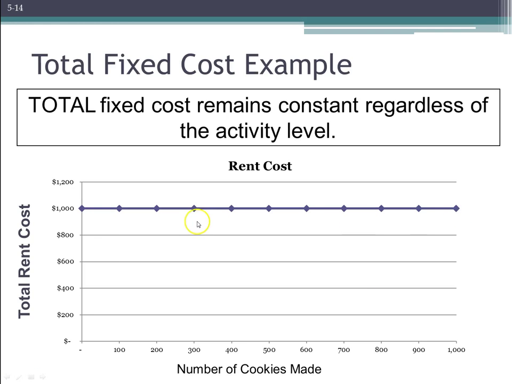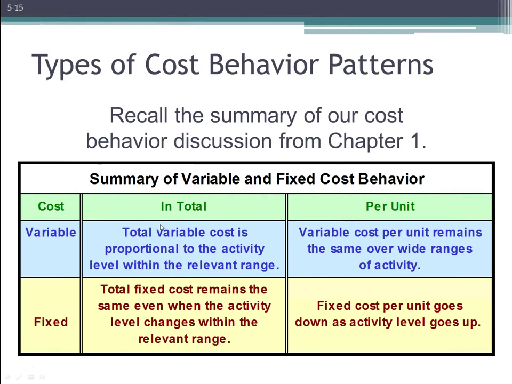Our total rent cost for that period is going to be $1,000. And this is where it differs and is exactly opposite of a variable cost. Total variable cost increases proportionally with activity. Total fixed cost does not change regardless of activity.